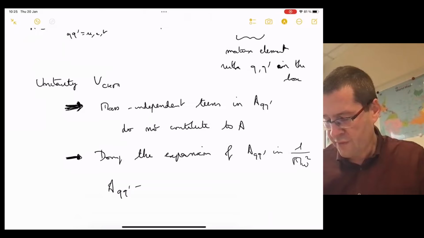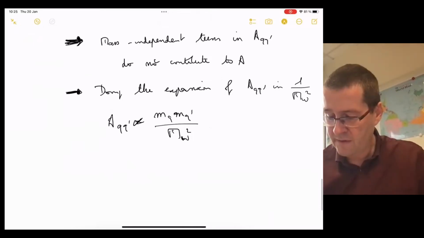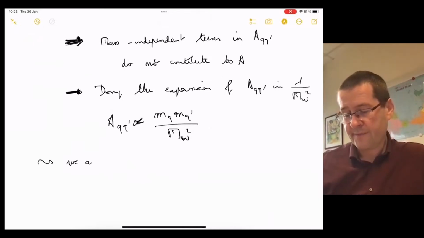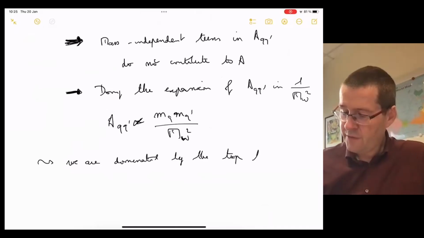So A_QQ' is actually proportional to the product of the masses involved divided by M_W squared. And so that means that once again, we are dominated by the top loops.